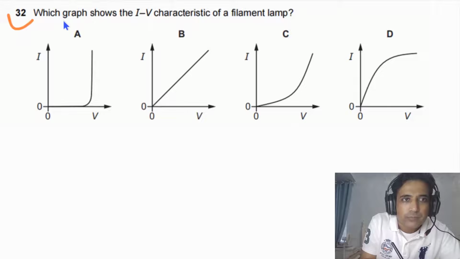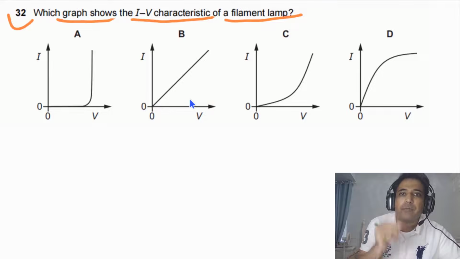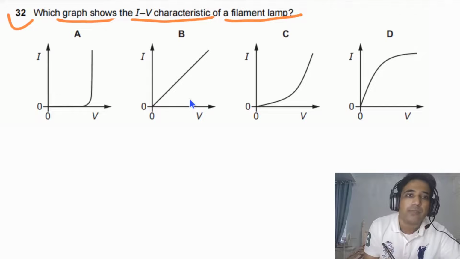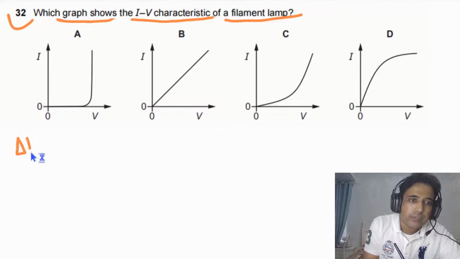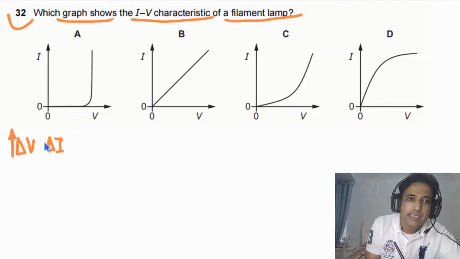Question 32 says, which graph shows the IV characteristics of a filament lamp? For a filament lamp, we need to understand how PD and current are linked with each other. Imagine that first of all we increase the PD across the filament lamp by this much. The arrow represents the increase in magnitude of delta V. The increase in delta I will be small.